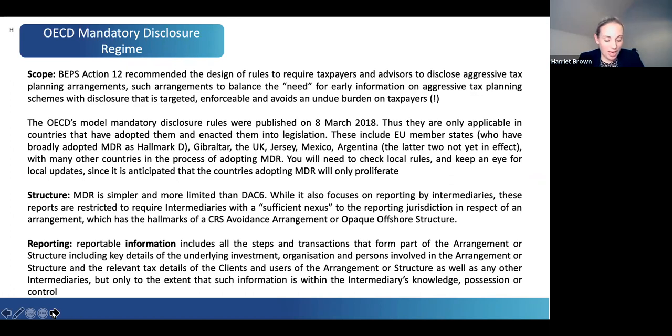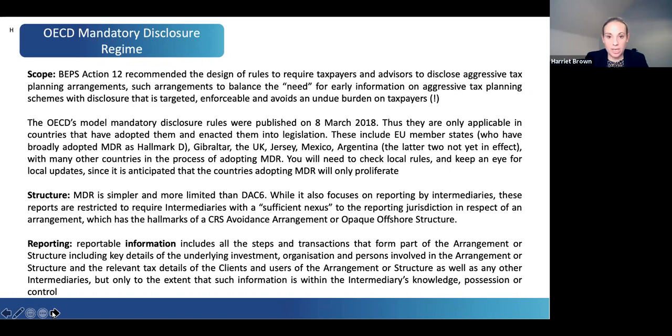The initial model MDR was published on the 8th of March 2018, but they are only applicable where countries have adopted them and enacted them into legislation. So my view would be that all of the EU member states have enacted the MDR because it's within Hallmark D of DAC6.